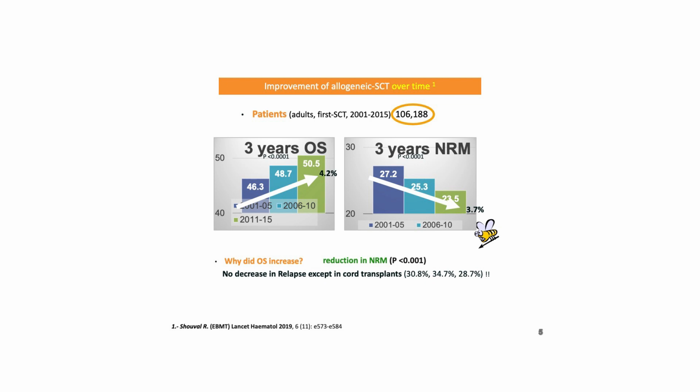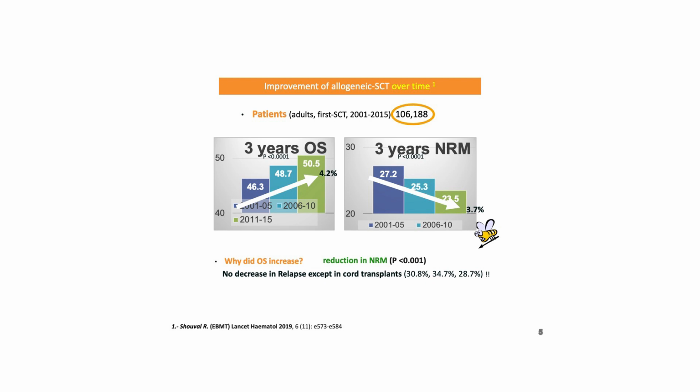This is an interesting EBMT study with more than 100,000 allogeneic transplant patients in first transplant. Divided by periods of 5 years, the overall survival increases, and this is due to the decrease in non-relapse mortality.